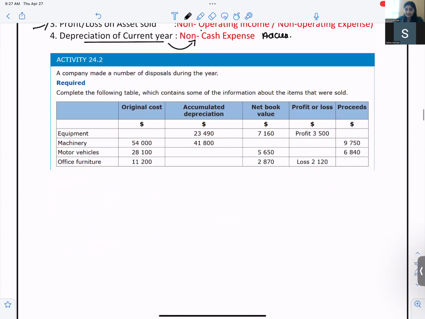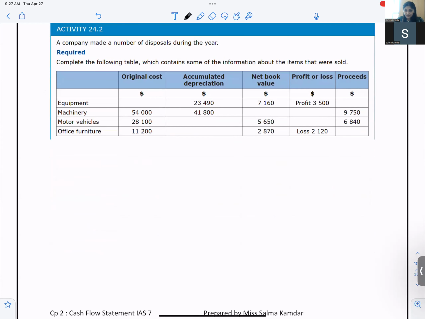Let's talk about this sum which is given to us over here. What do you have to do? You have to identify cash flow that is resulting from sale of non-current assets.